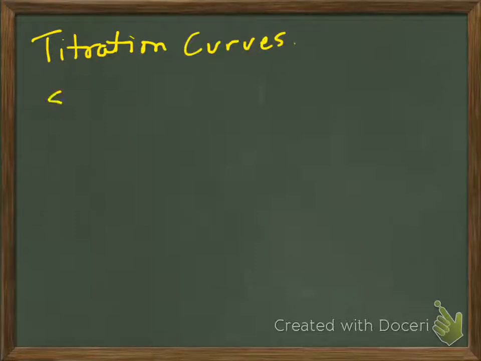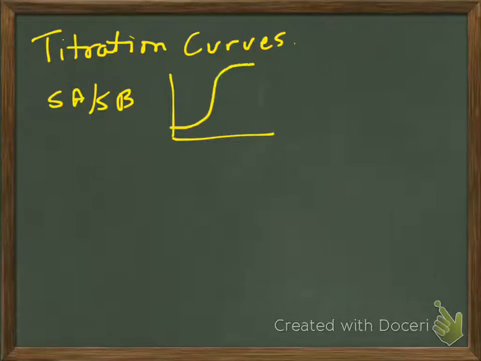All right, so let's take a quick look at some titration curves, because you should be able to identify these by looking at them. If I have a strong acid and strong base, my curve will look like this. This will be a pH of about 1.